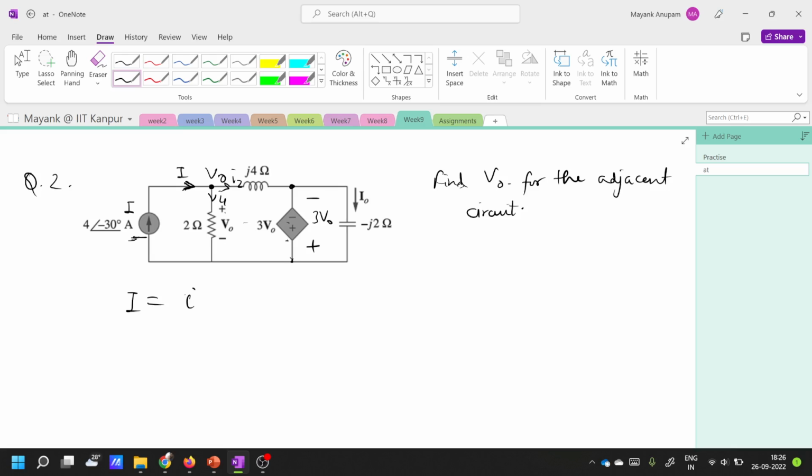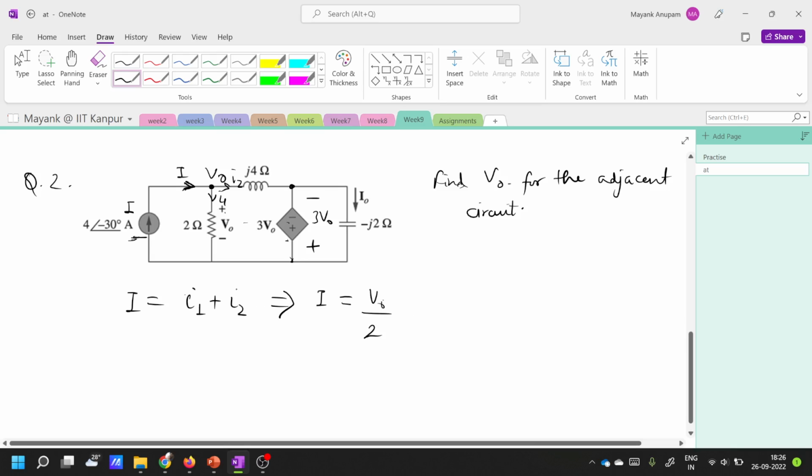I is equal to I1 plus I2. Let's call this I only for the time being. What is I1? I1 is this current, equal to V0 divided by 2, Ohm's law. Plus I2 is V0 minus the voltage here.